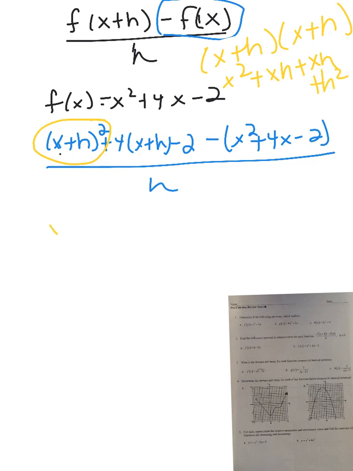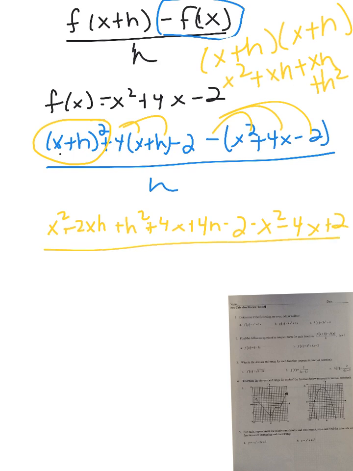So that's x squared plus 2xh plus h squared. Distribute the 4: plus 4x plus 4h minus 2. Now distribute the negative. So minus x squared minus 4x plus 2 all over h.